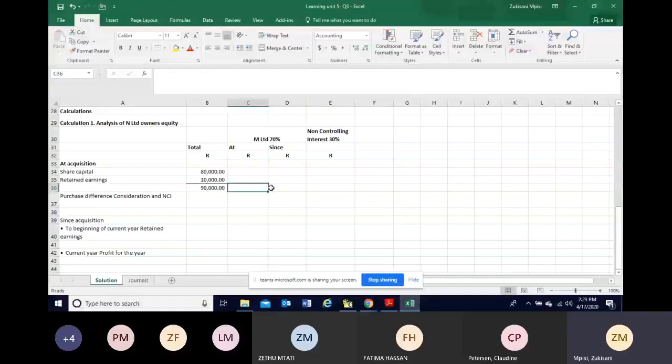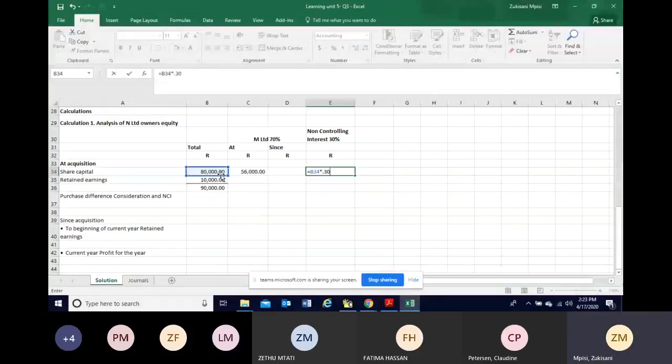At acquisition, for us to know how much was attributable to the parent, we have to say 80,000 multiplied by 70%, which gives you 56,000. And then for the non-controlling interest it is times 30%, which gives you 24,000.